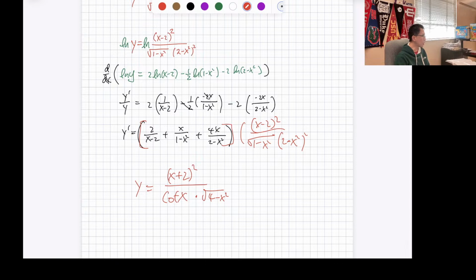When something's more complex, when you take a derivative, if you can make it easier to take a derivative, then make it easier, which is what you had to do here in this particular case.